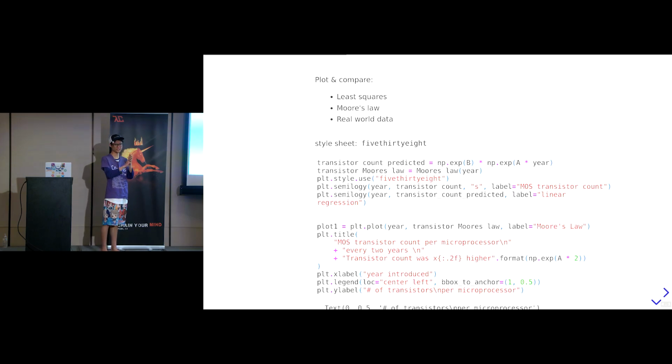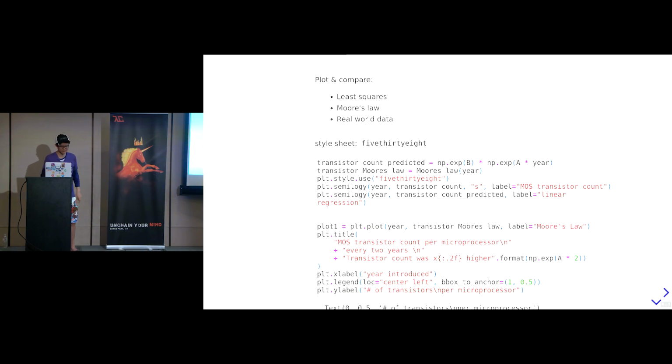All right, let's plot our results. We have 3 things we want to plot: the least squares line of best fit, Moore's law, the lambda we defined earlier, and the CSV data as a scatter plot. The Python tutorial uses the 538 style sheet.